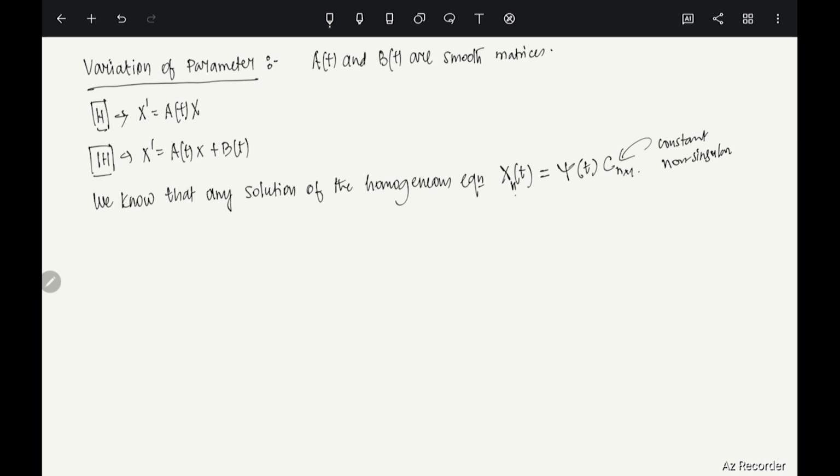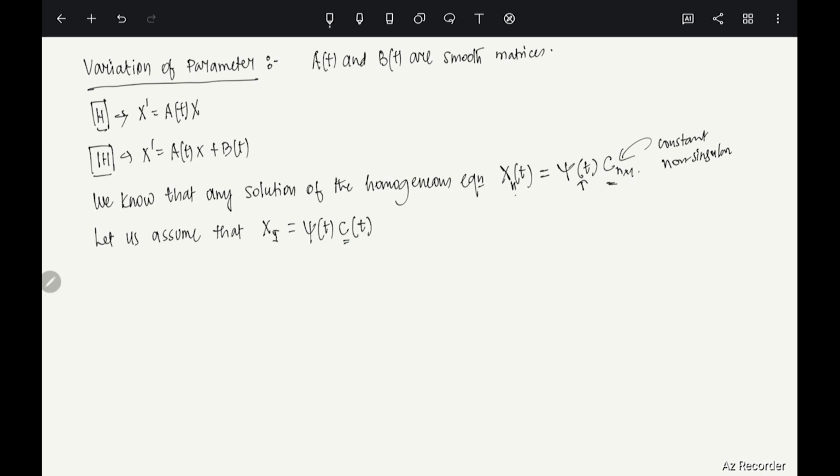Now I want to see if we can find a solution of the inhomogeneous problem using this solution of the homogeneous problem. So let us assume that xi is a solution which will look like this: the fundamental matrix phi of t times a constant, but now the constant is not a constant, it's a vector which depends on t.